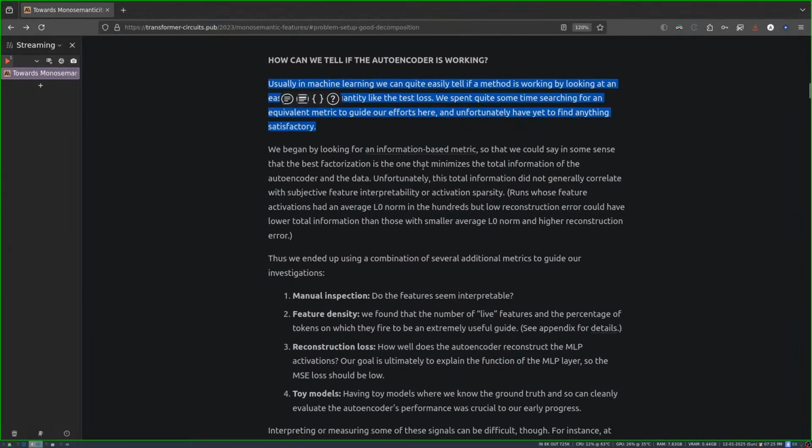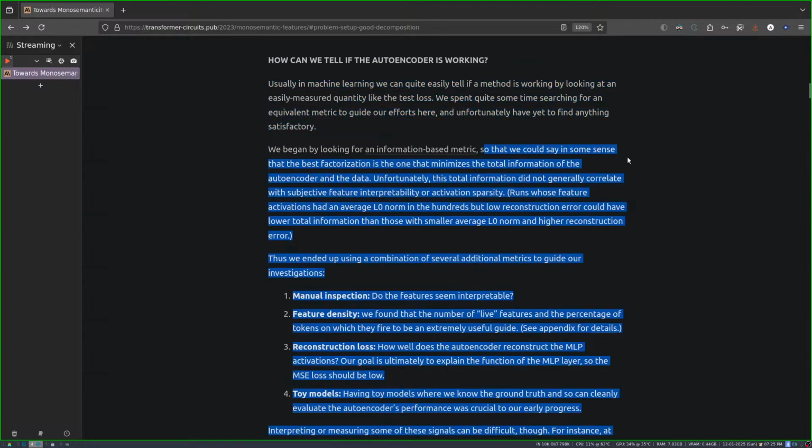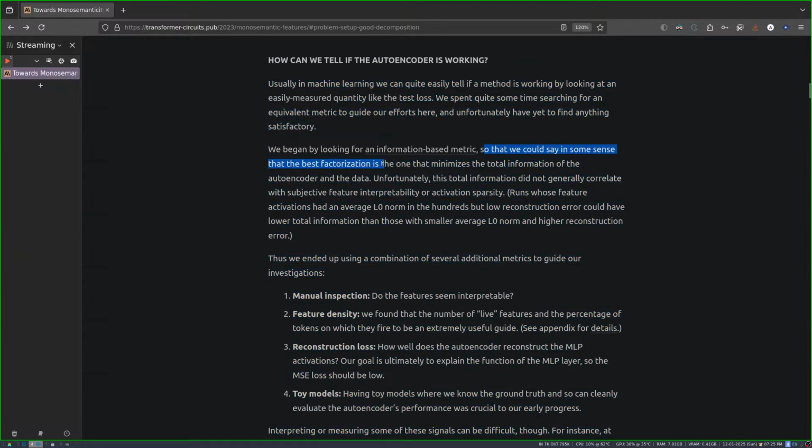We began by looking for information-based metrics so that we could say in some sense that the best factorization is the one that minimizes the total information of the autoencoder and the data.